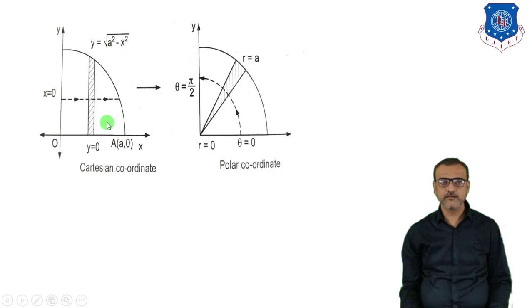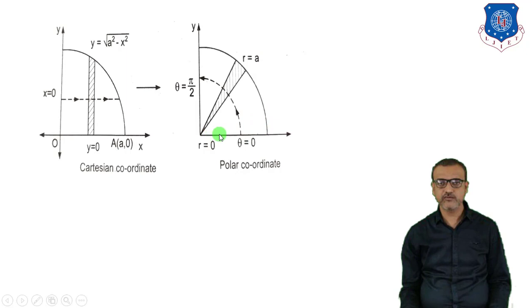This is the region of integration in the xy plane, which is the circle in the first quadrant only, and we have converted this region into the r theta plane and its center is 0, 0 and radius r equals a.